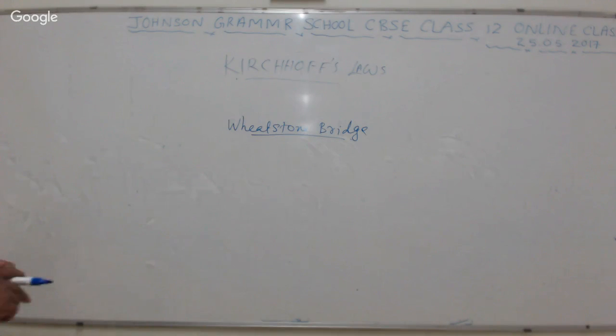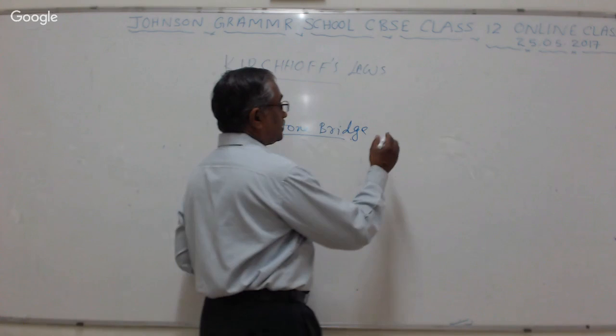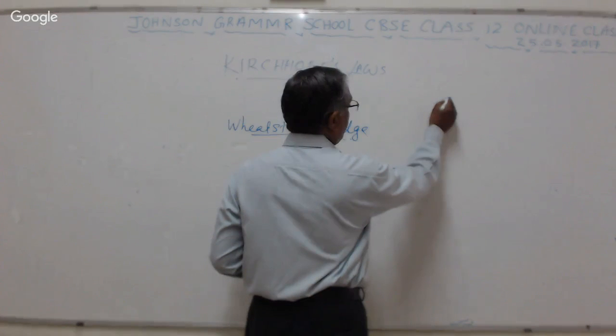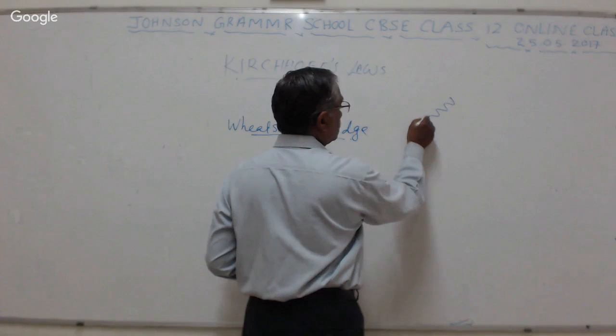So the Wheatstone bridge is nothing but the arrangement of four resistances like this.